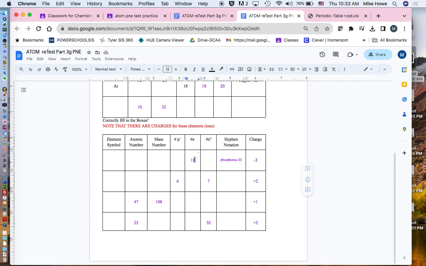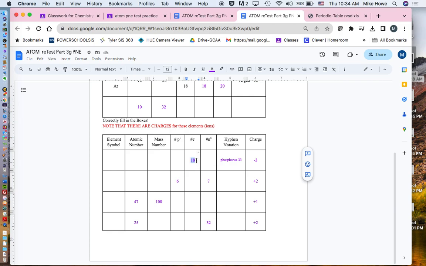So this number 18 includes 3 extras. Before it gained 3 electrons, how many electrons did it have? I'm hoping you're thinking 15, because 15 plus 3 more makes 18. So before it gained those 3 electrons, it would have had 15.